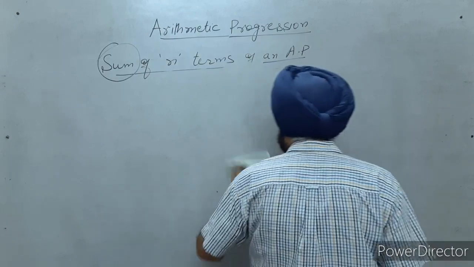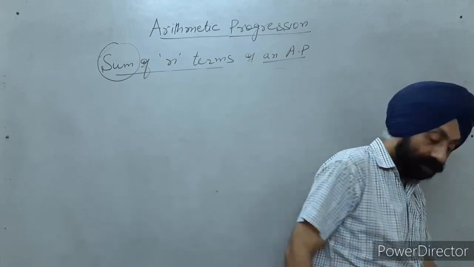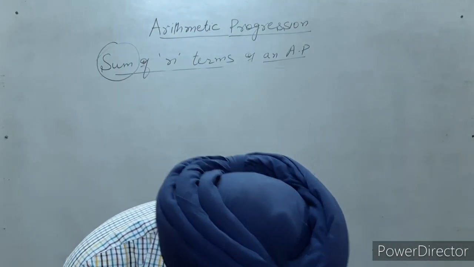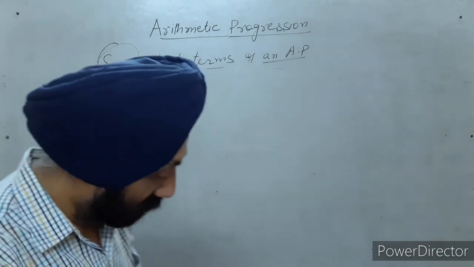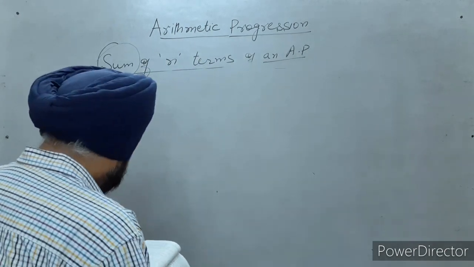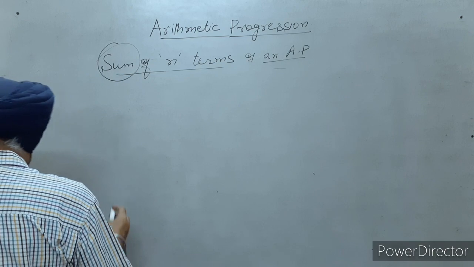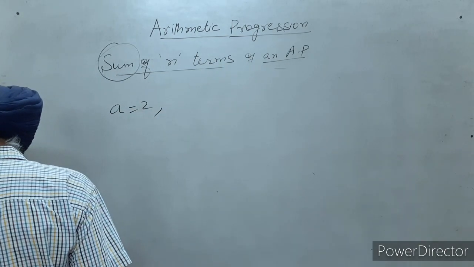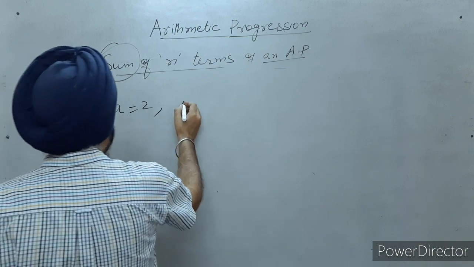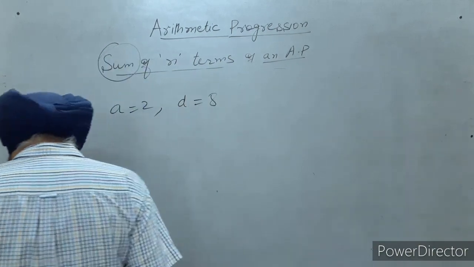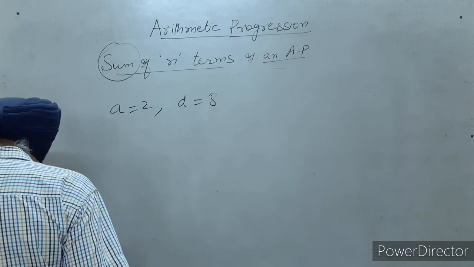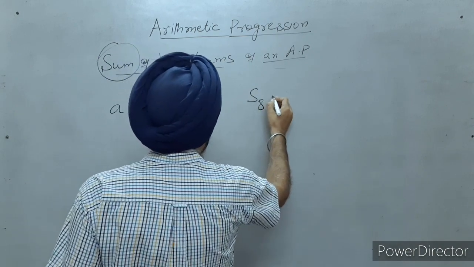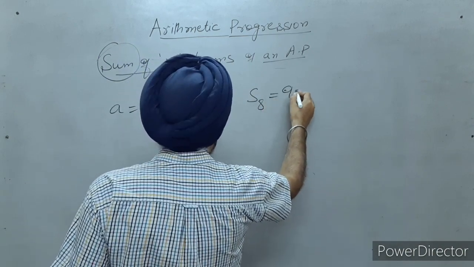Okay? Now the second question. He says a equals 2, d equals 8, and it's given that the sum of 8 terms is 90.